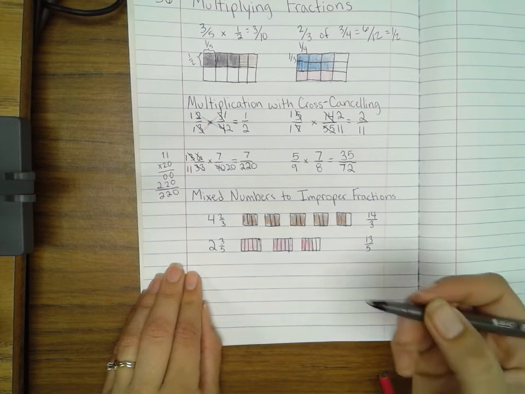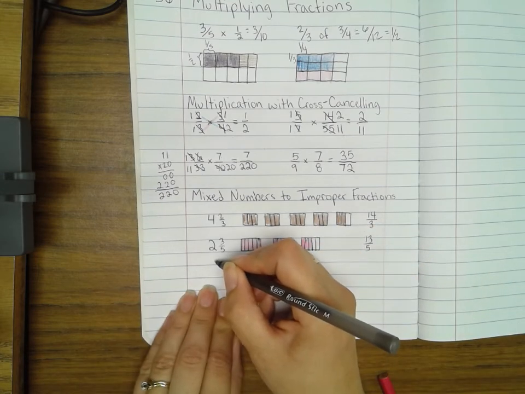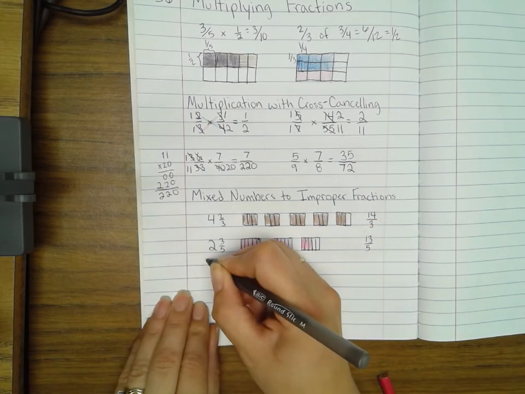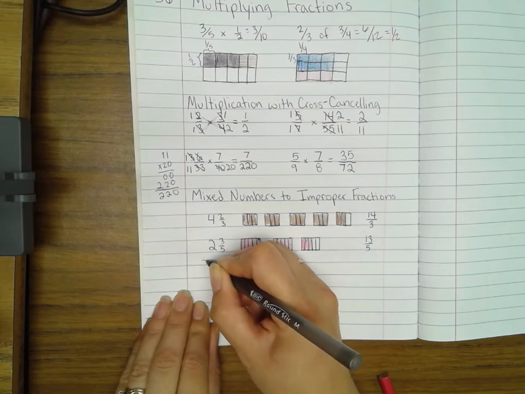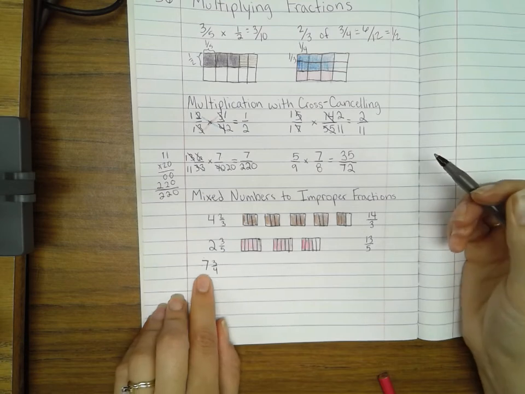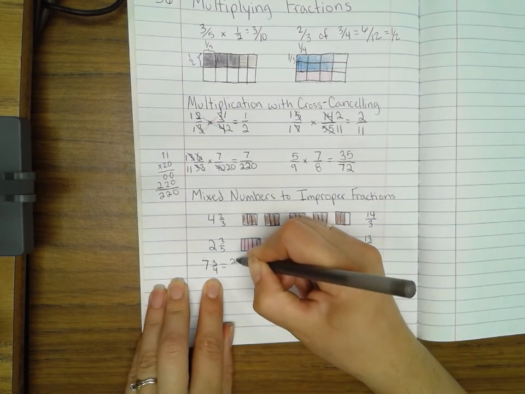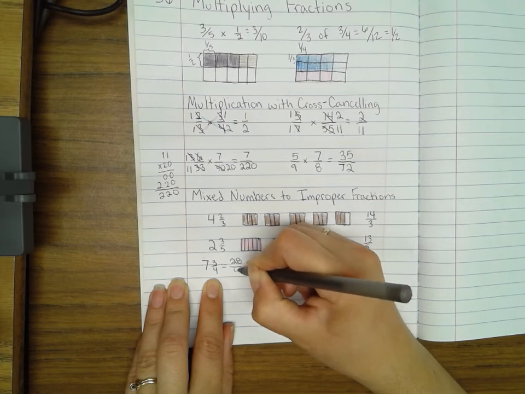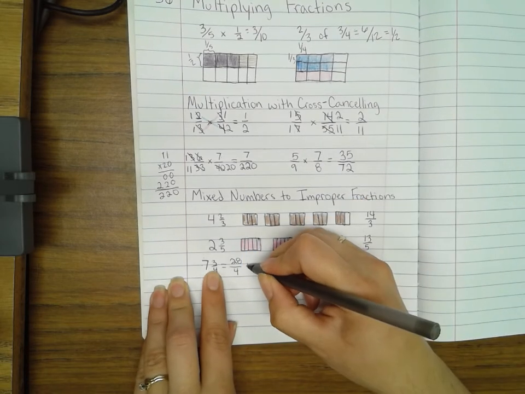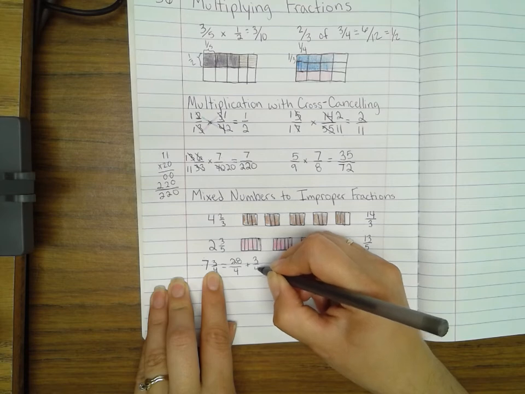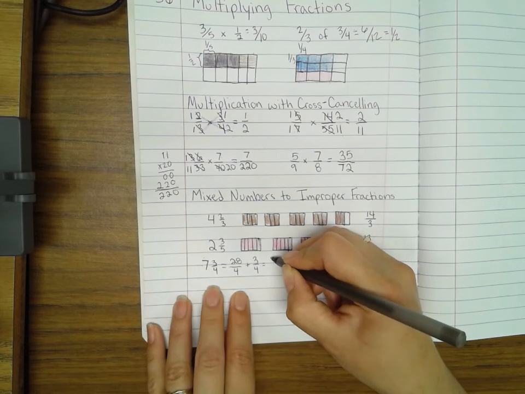So if we try that with, let's say, 7 and 3/4. So 4 times 7 would be 28. So I'd have 28 pieces for my whole units. So 28/4 plus the 3/4 I already had. And that gives me a total of 31/4.